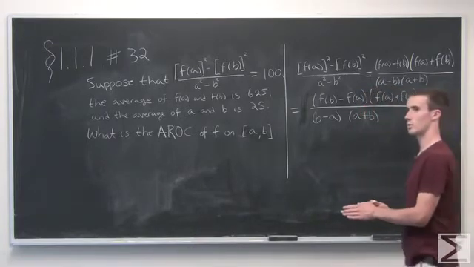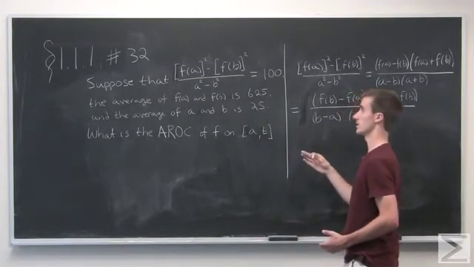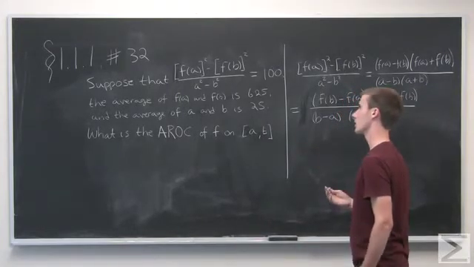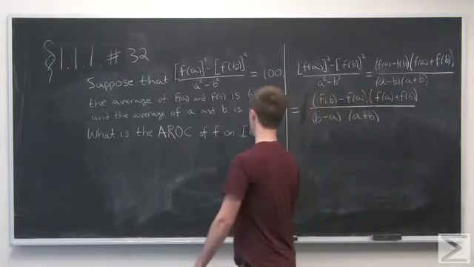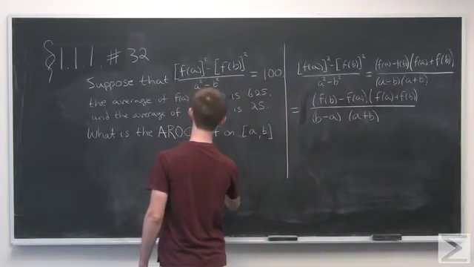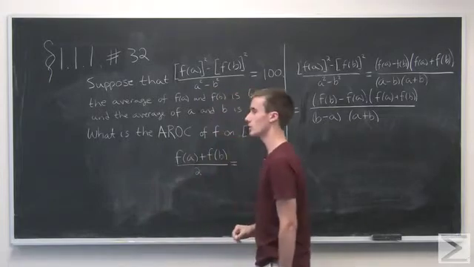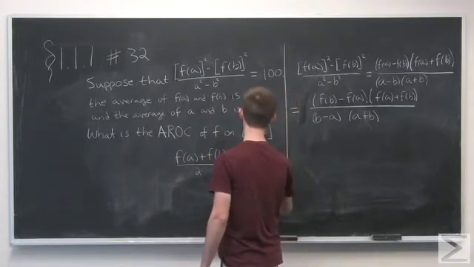But let's go back to the rest of the information that we have in the problem. So we know that the average of f(a) and f(b) is equal to 625. Well, what does that exactly mean? That means that f(a) plus f(b) over 2 is equal to 625.